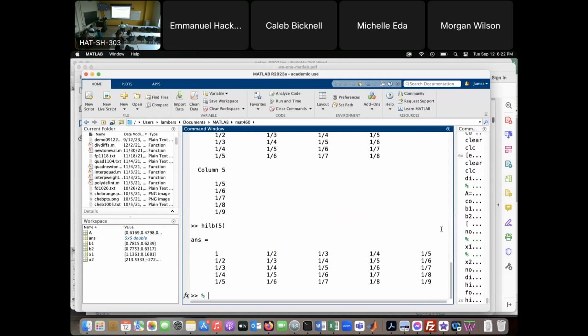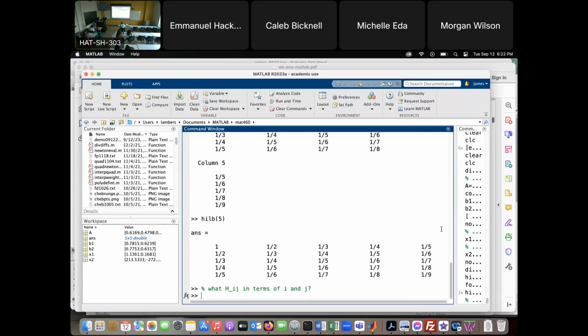Okay. If I refer to this matrix as H, what is H_ij in terms of i and j? It would be helpful to consider examples for i and j.